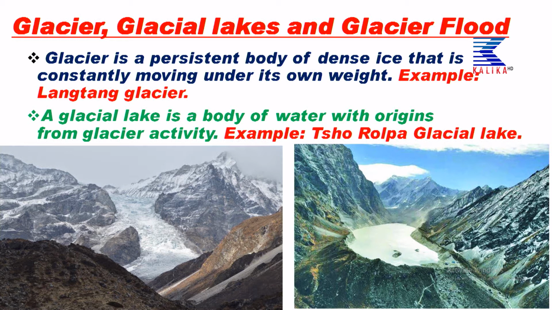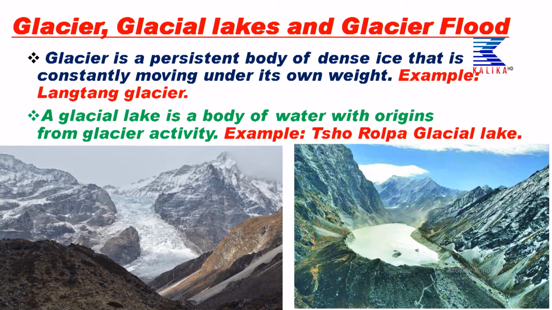Likewise, what is a glacial lake? A glacial lake is a body of water with origins from glacier activities. For example, when a glacier rushes down and the water or the ice gets accumulated in some of the troughs or depressions made by glacier activities, there is formation of a sort of lake.